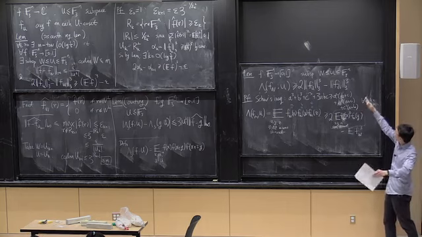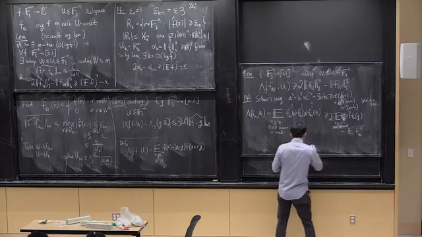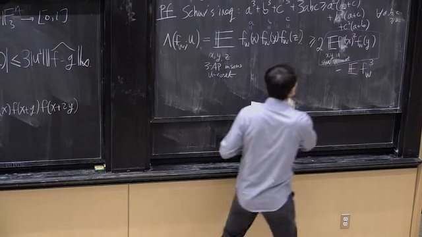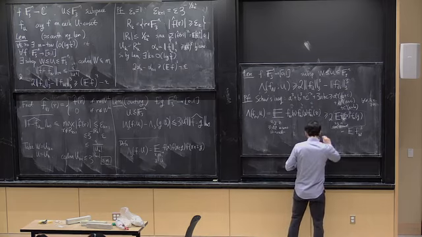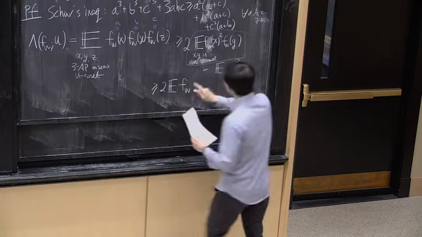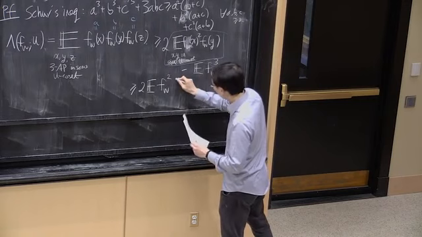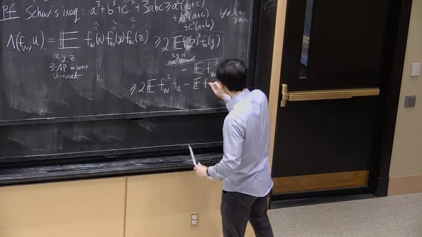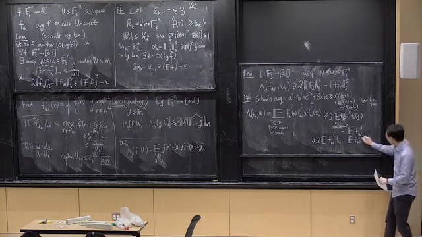So U is bigger than W. So what we have over here is that it is at least twice f of w squared f of u minus expectation of f w squared, f w cubed.